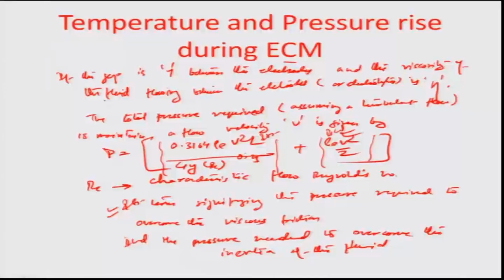Again, please record this very carefully, that it is really a function of this V e square, and also a hidden component of velocity within the Reynolds number. So, in a way, this would let us estimate the overall pressure rise because of a certain flow velocity that we are introducing in the electrolyte.